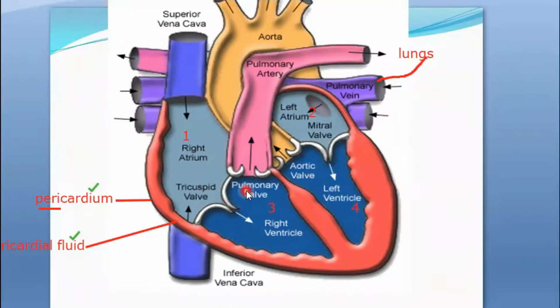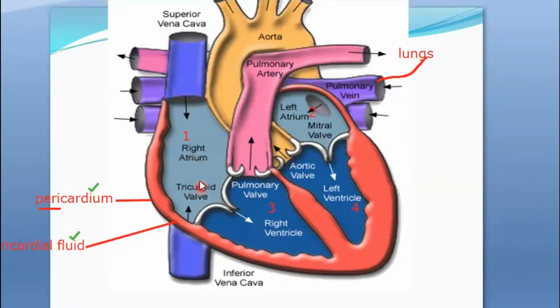And the third important part, there are some valves present. The function of all these valves is that they do not allow the backward flow of blood. That means the valve which is present between right atrium and right ventricle is named tricuspid valve.